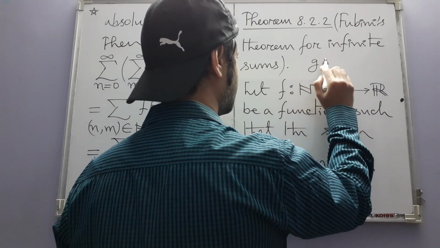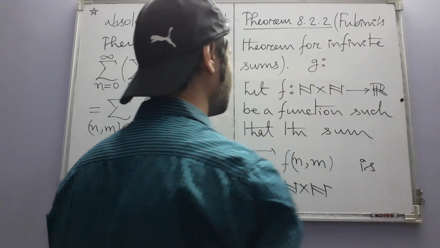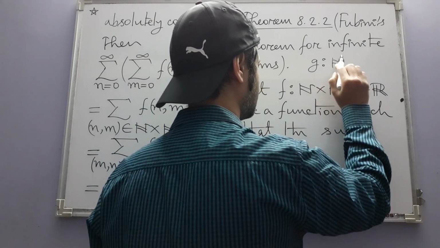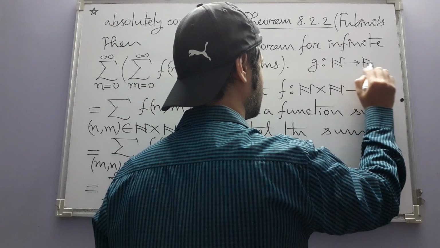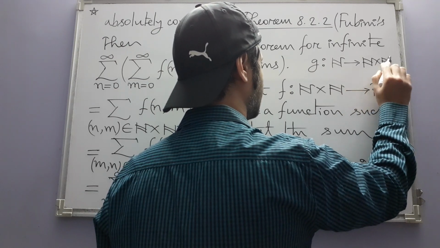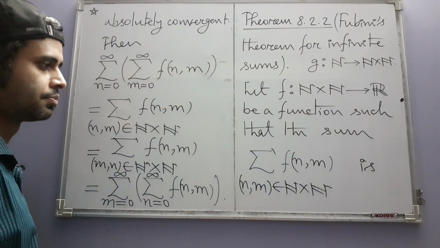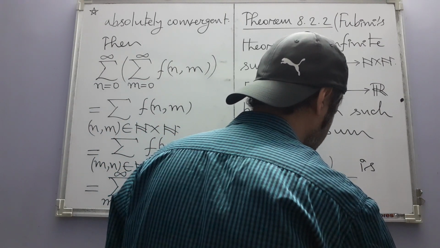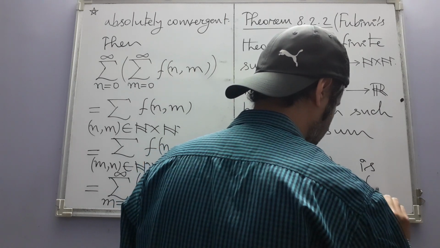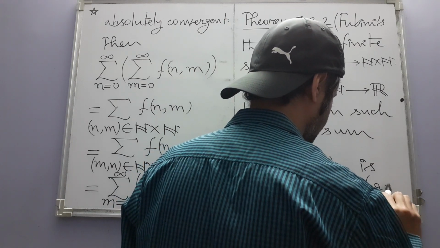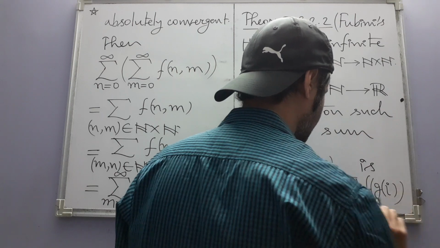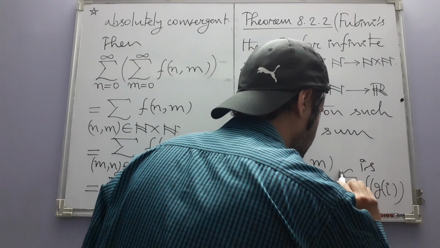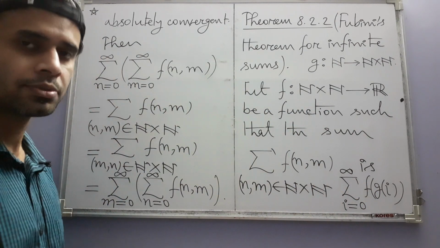Say you choose some bijection, which you know at least one will exist, between N and our new x, such that f of g of i, let me write i in order to avoid any confusion, this series is absolutely convergent.